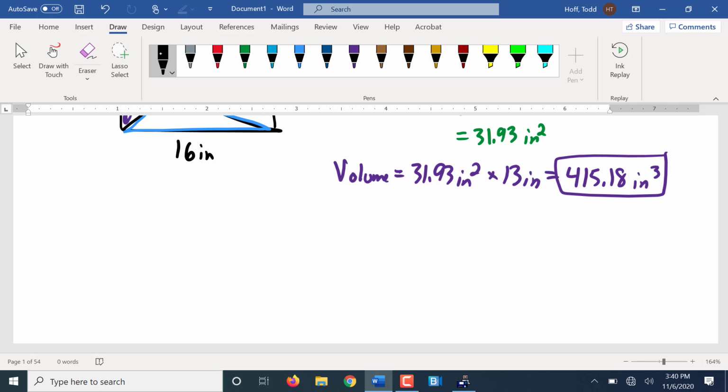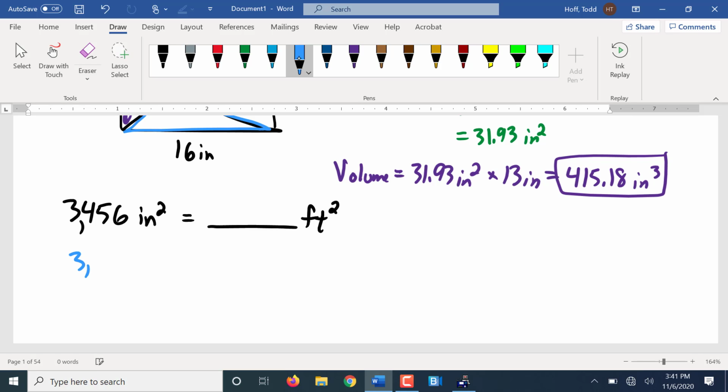If you recall, if we had 3,456 square inches, and I turned it into square feet, what was my conversion factor?